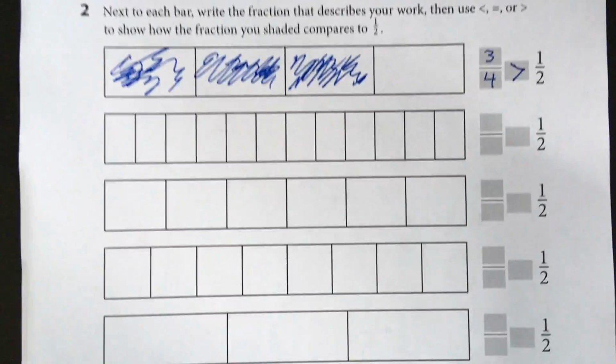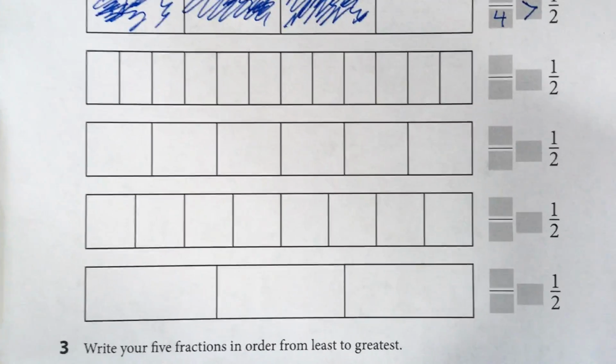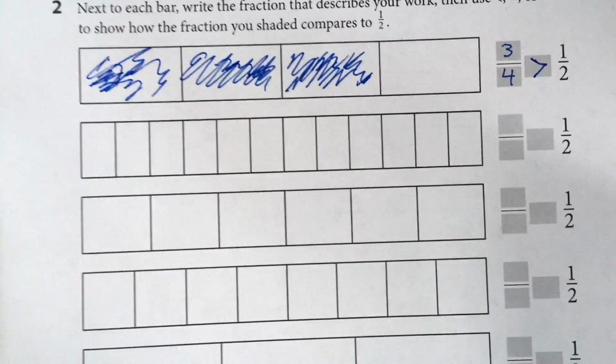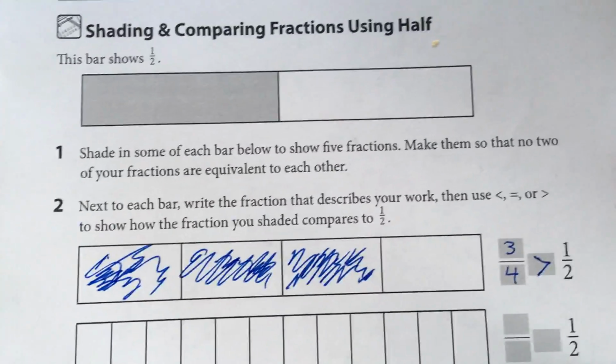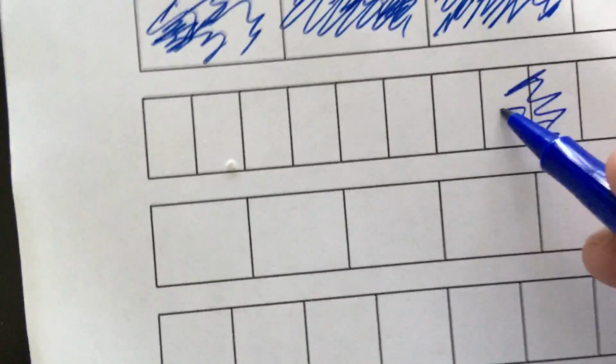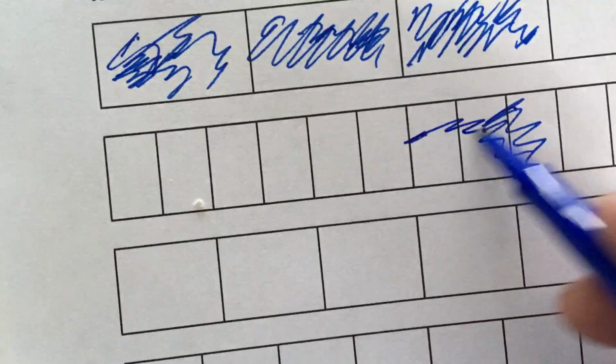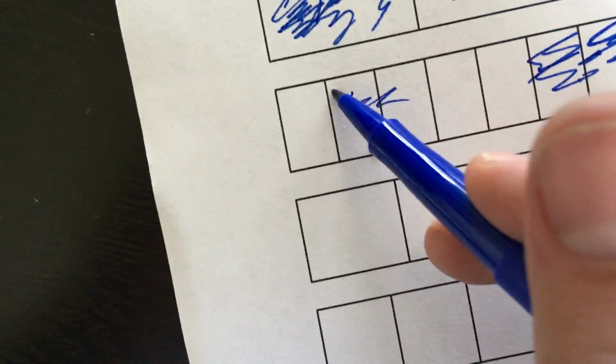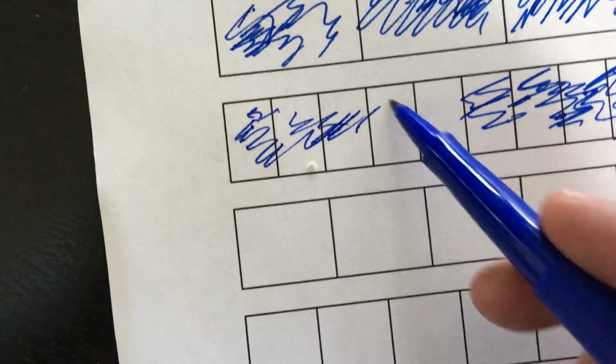And now I'm going to do the same thing for these remaining bars here. And remember, it's really important. Step 1 said that we need to make sure that no 2 of your fractions are equivalent to each other. So let me shade in this bar right here. It's really hard to do with one hand, surprisingly. Shade and shade and shade in. So let's say I've shaded in all that.